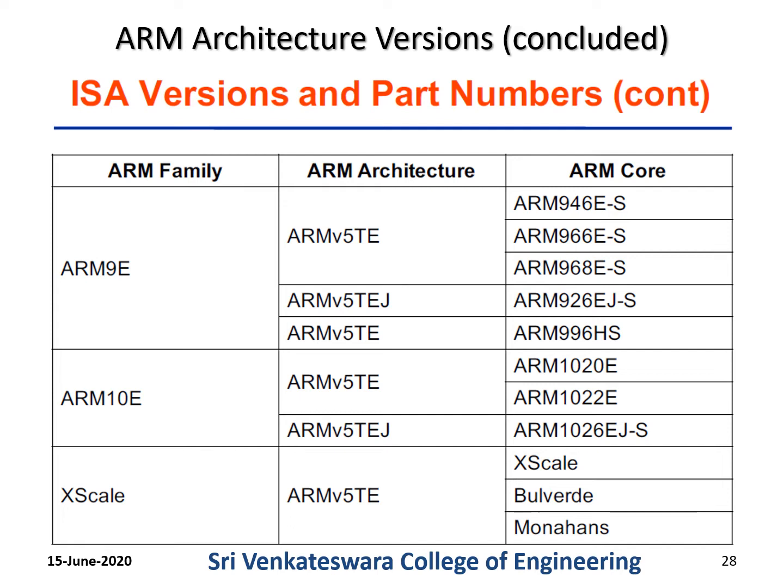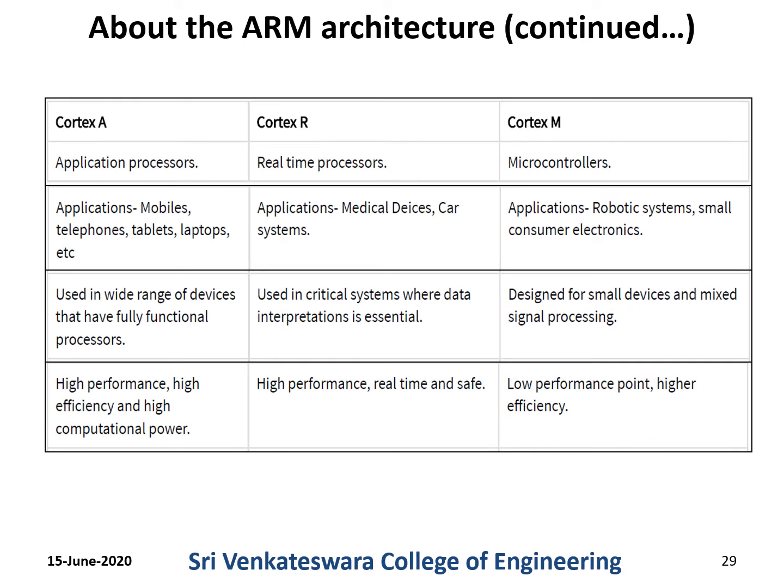In this slide, even higher versions of ARM families are listed. ARM 9, ARM 10 and Xscale ARM families are listed. These are all used for various real-time embedded system applications. These are also different families of ARM processors. Cortex A is application processor, Cortex R are real-time processors, Cortex M are microcontrollers.